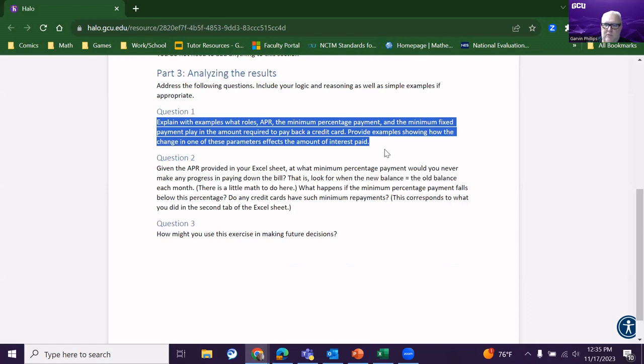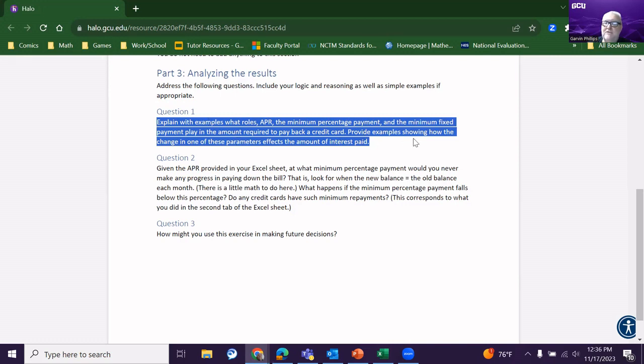And this is written. You're typing this up. Each one of those is probably a sentence on APR, a sentence on minimum percentage payment, a sentence on minimum fixed. If you do a good sentence with examples in there, that works.